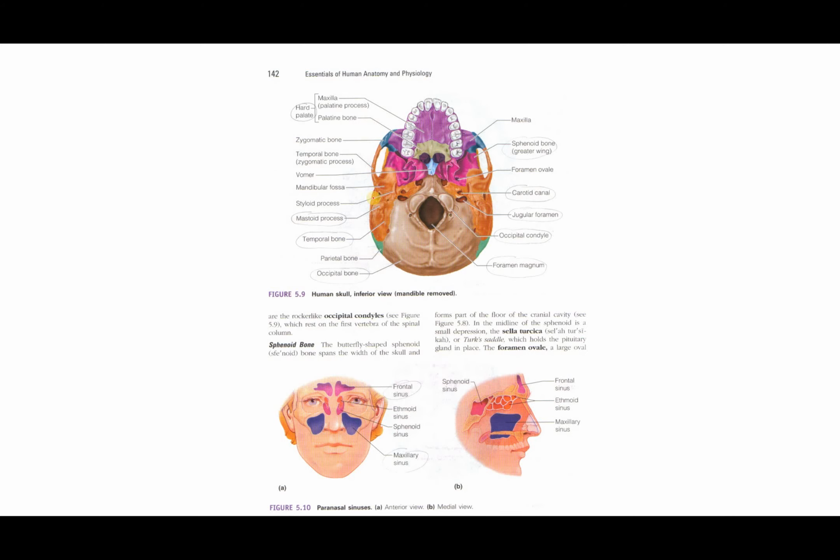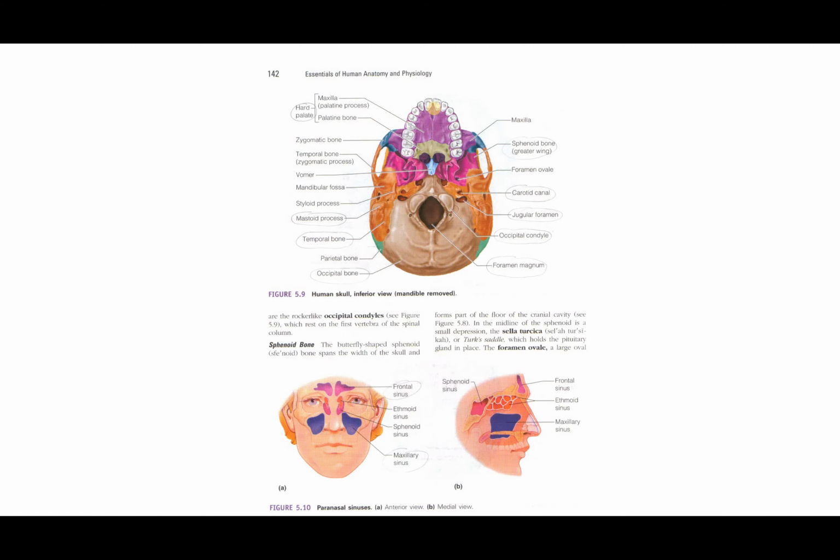Okay, an inferior view of the skull. So there's your occipital bone, parietal bone, temporal, mastoid, styloid process. Okay, the hard palate is part of the maxilla bone, so that should be on your list.